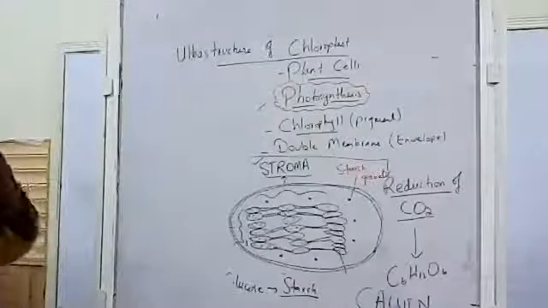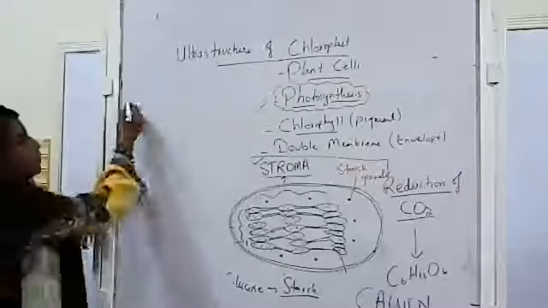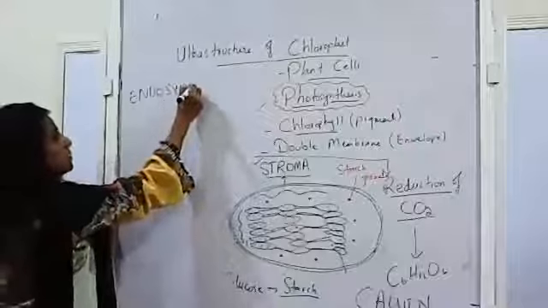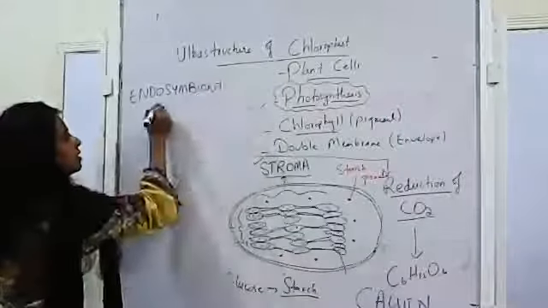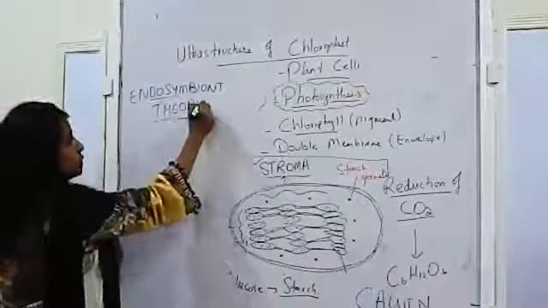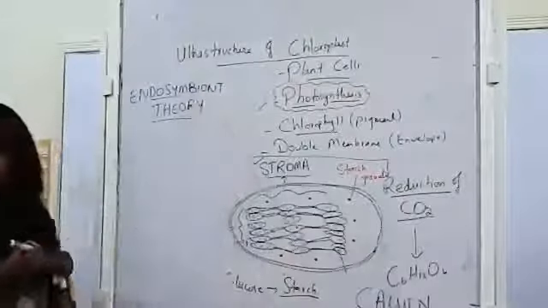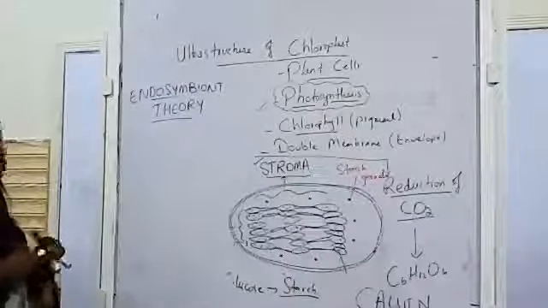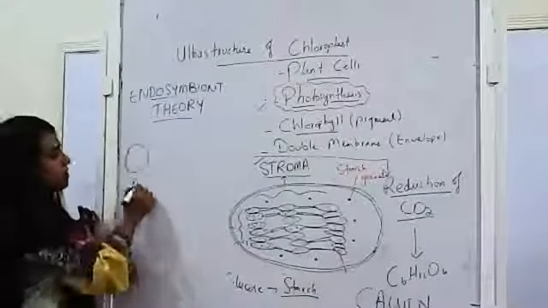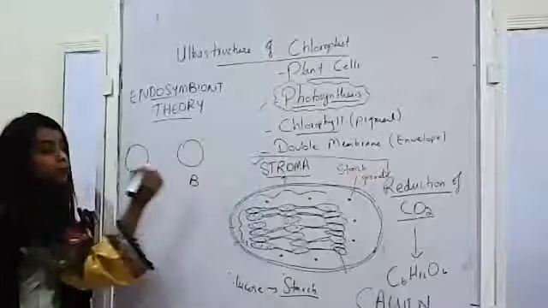So in the case of mitochondria, what happened? There were two organisms. That holds true for chloroplast as well. So just like mitochondria, scientists believe that there were two organisms, an organism A and an organism B.